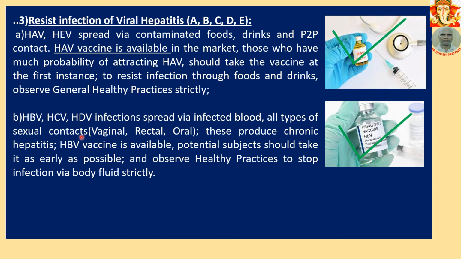This is directly sexually transmitted. The HBV vaccine is available, and potential subjects should take it as early as possible. Observe healthy practice to stop infection via blood and fluid. That is, he has to be careful about sexual matters in case of B, C, D infections. Some vaccine images are given here.